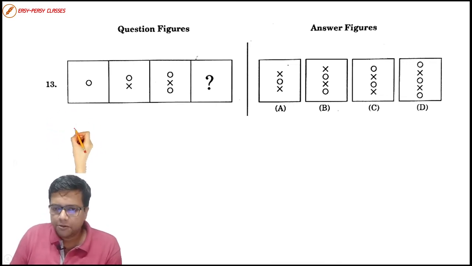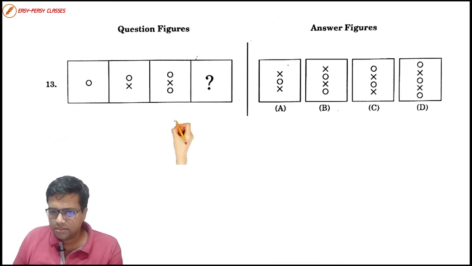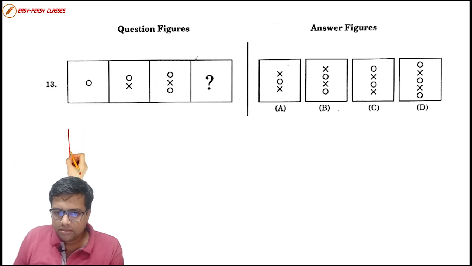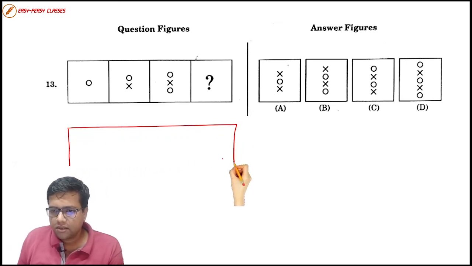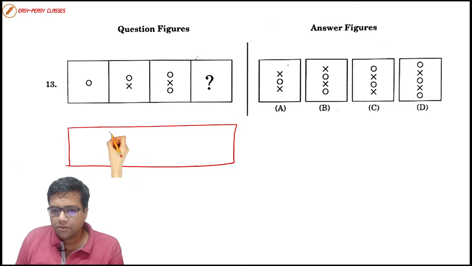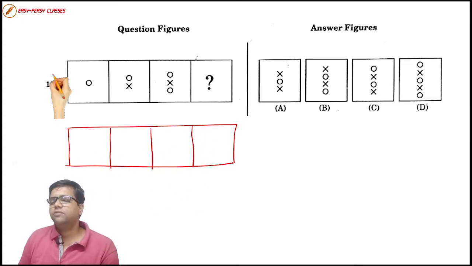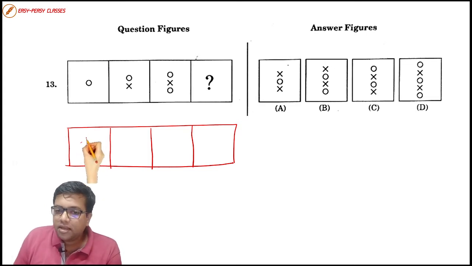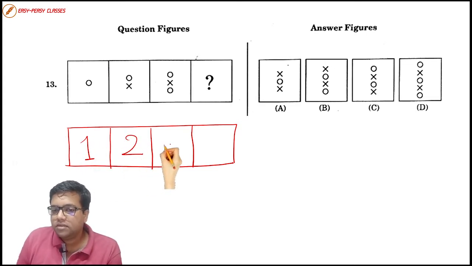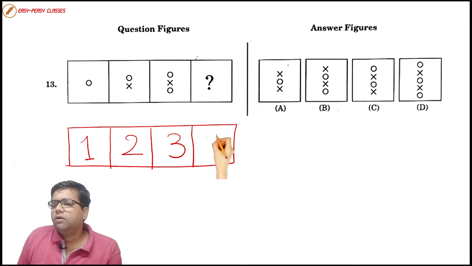Suppose, don't consider this question, you have a series of boxes where you are asked to complete the 4th box by looking at the first 3 boxes. Let me say there is 1, there is 2, there is 3. What would come under the 4th box?